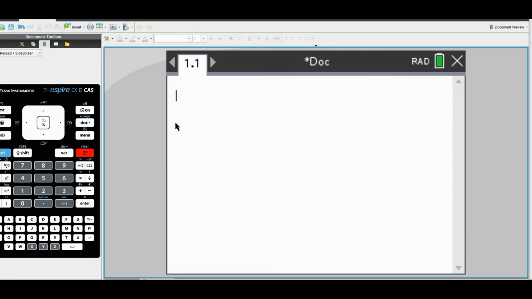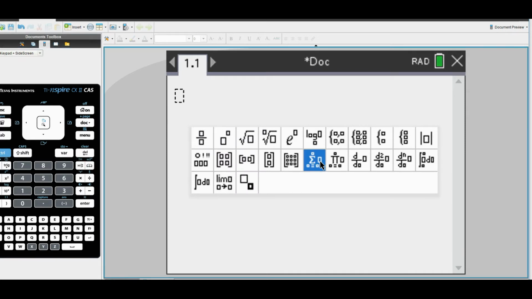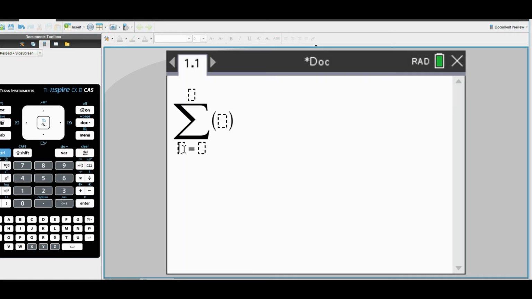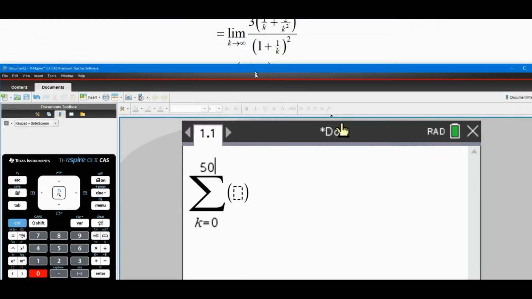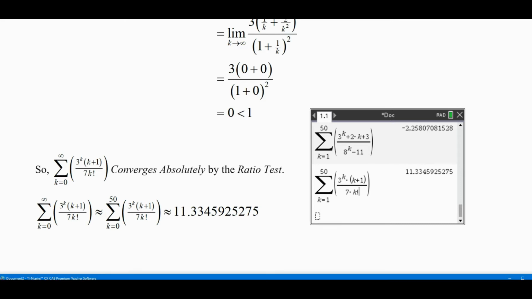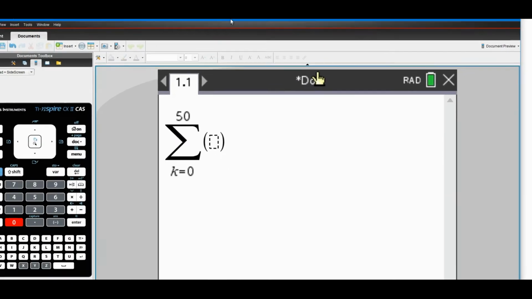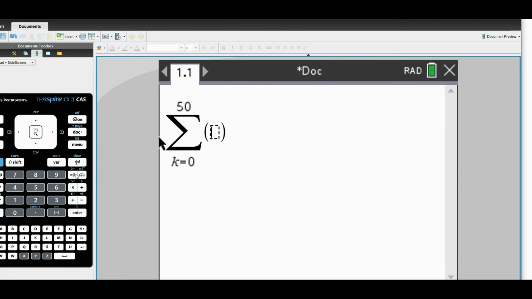Just clear this out. All right, so we go to the sum, and I should be going from k equals 0 to 50. Actually, I think the direction said sum it from 1 to 50, but this one actually starts at 0. So I'll go from 0 to 50. 3 to the k times k plus 1.